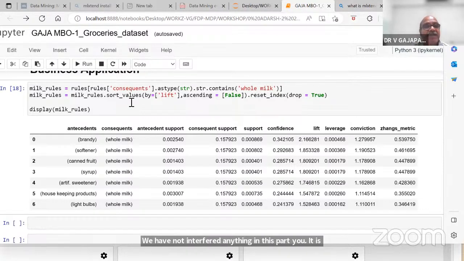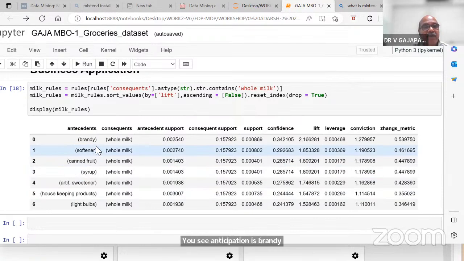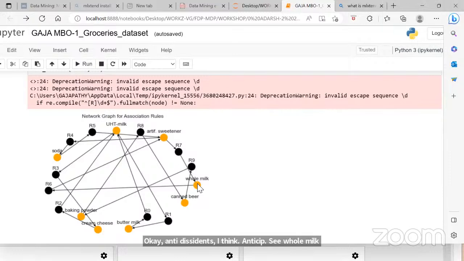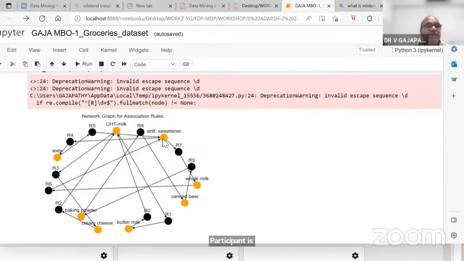You see, antecedent is brandy, consequent is whole milk. We will see the network. Antecedent, I think, is whole milk, consequent R9, R7.